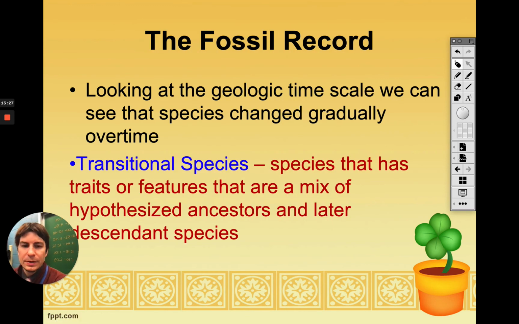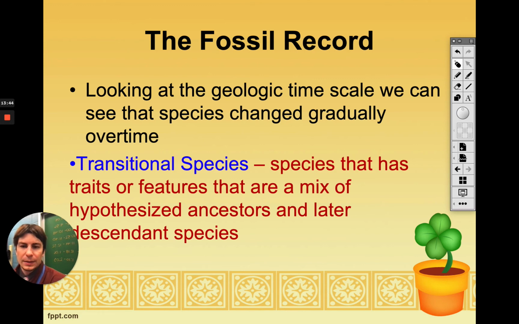Now, I've been using this term for common ancestors, and we have a common ancestor with monkeys. We did not come from monkeys, as I keep saying. Another word to talk about these is a transitional species.